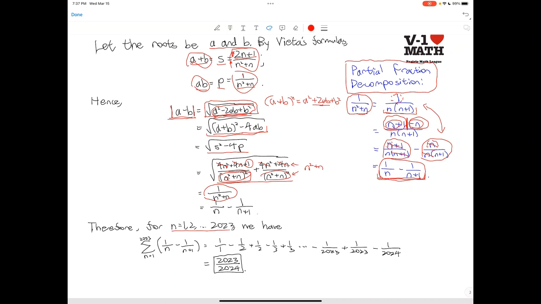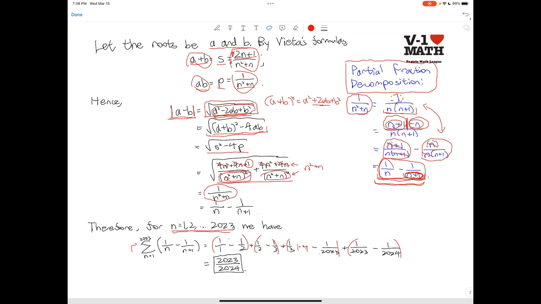So for all n from 1 to 2023, we note that this new thing actually makes it look like 1 over 1 minus 1 over 2, plus 1 over 2 minus 1 over 3, and so on, plus 1 over 2023 minus 1 over 2024, and etc. But now notice here, because we cleverly set up so that the 1 over n plus 1 for this n is equal to the 1 over n for the next iteration of n in the summation, we can actually cancel a bunch of things out.